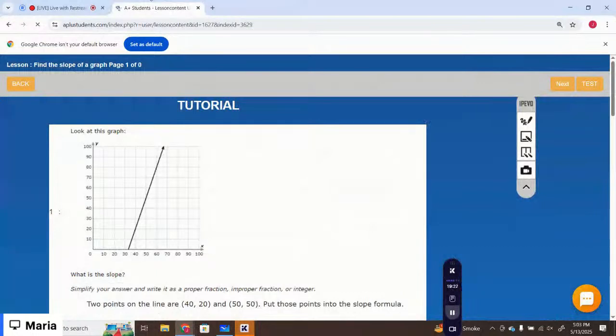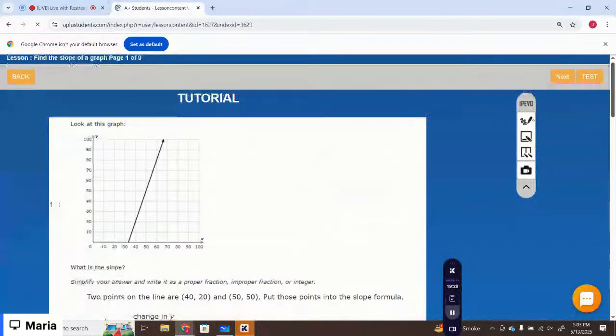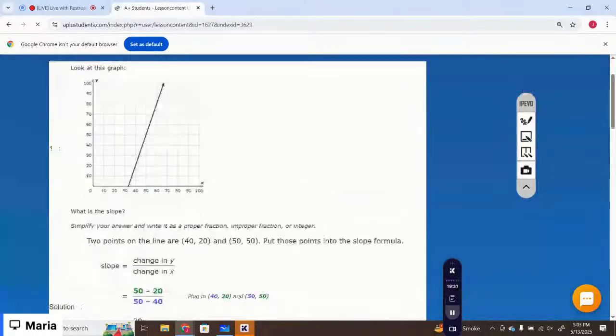Look at the graph. We are given the graph, and we need to find the slope of the graph. So how do we find it? We need to find 2 points on this graph on the line. Then we need to calculate the slope.